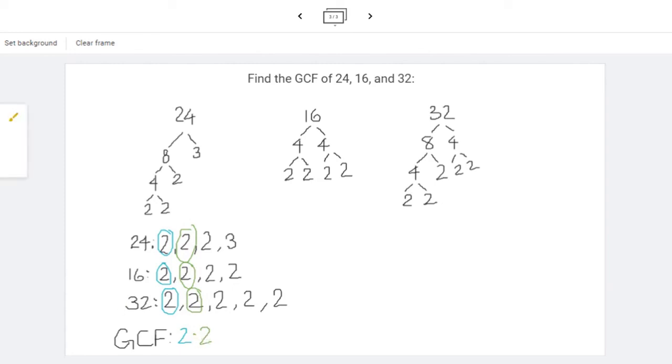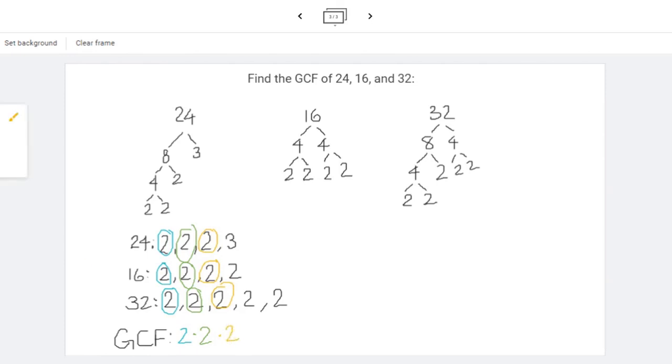Next one, we have another 2 here. And let's see if we have 2's in the other ones too. Yes, we have it in 16 and we have one in 32. So there are another set of 2's in all 3 of them. And I'm going to write it down here.